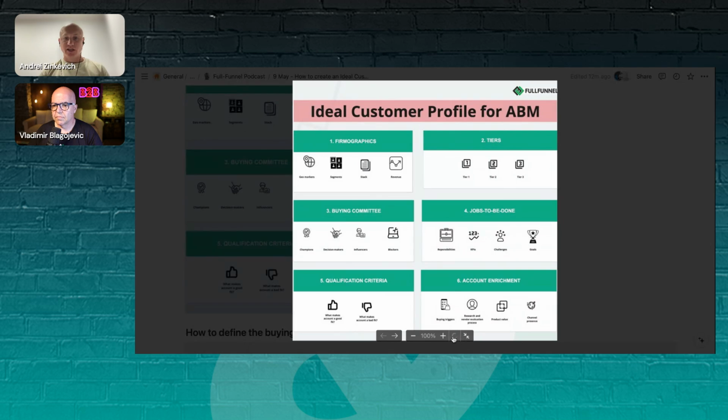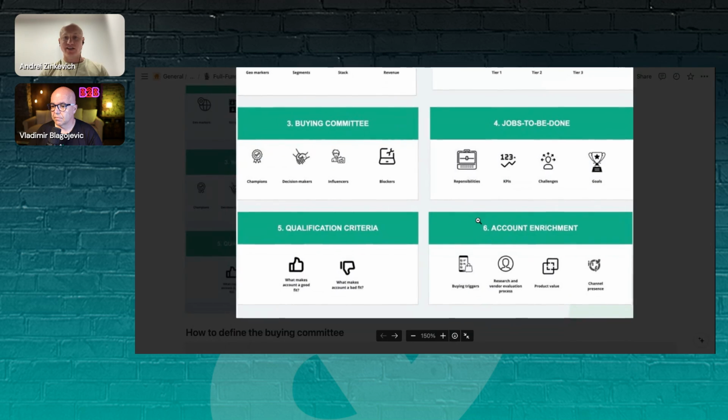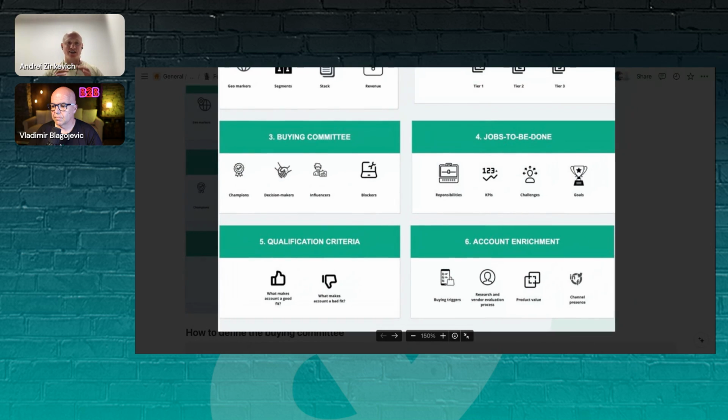Account enrichment. Unfortunately, your ICP development won't be full without in-depth account research, right? Without talking to these buying committee members. You can collect publicly available information, but it won't give you the most important information, right? What triggered the buying process of this account?